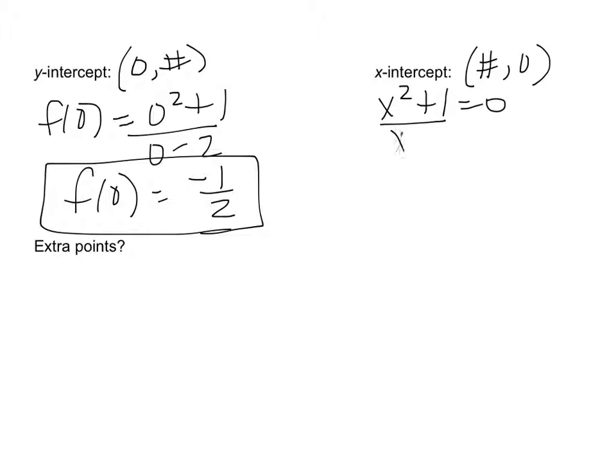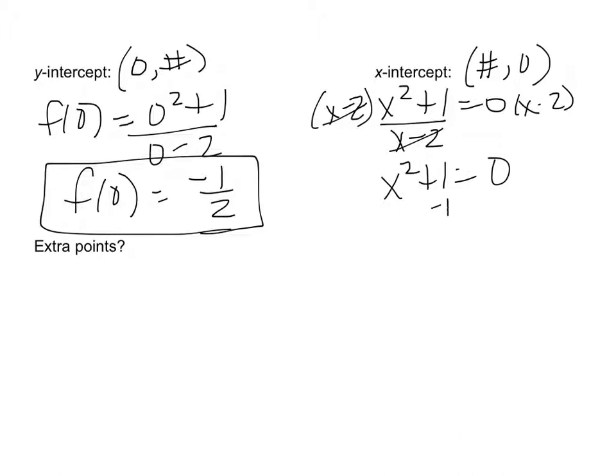I'm going to put in my x minus 2 just so that you can see when you multiply both sides by x minus 2, I'm just left with the numerator. And then solve for x. So I'm going to subtract 1 from both sides. That gives me x squared is equal to negative 1. Square root both sides. Anytime you physically make the square root symbol, what do you have to write? Plus or minus. Now what's the square root of negative 1?